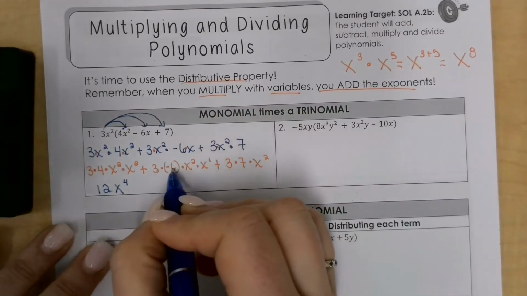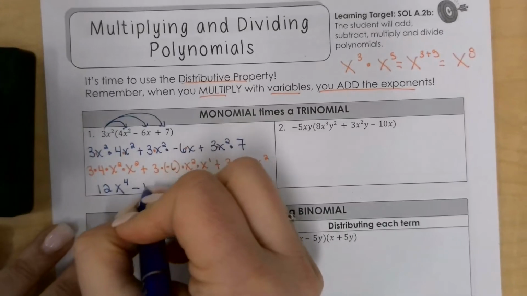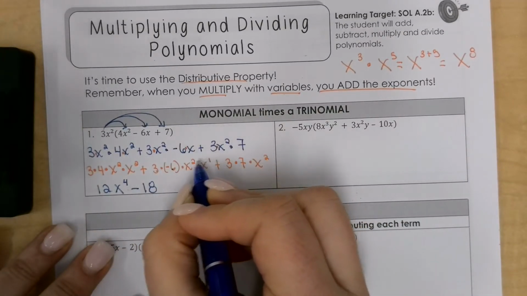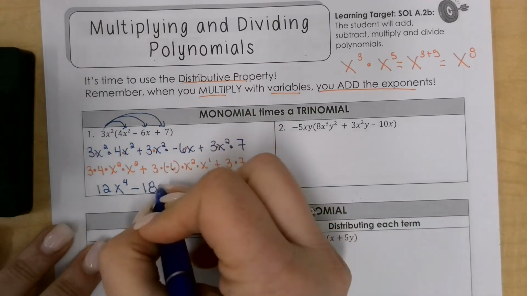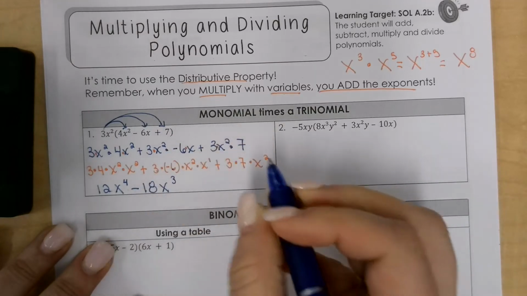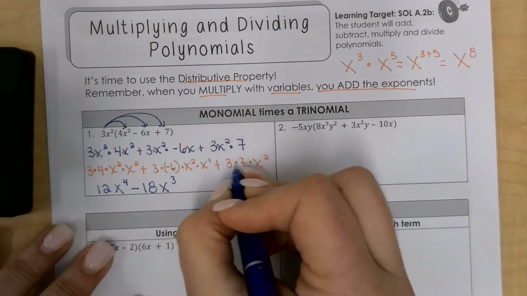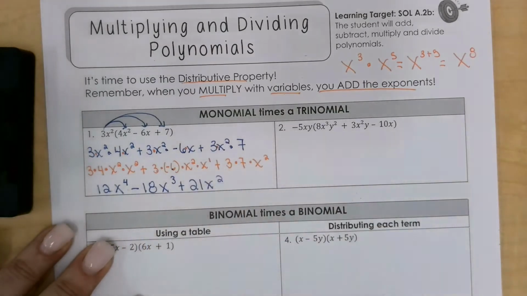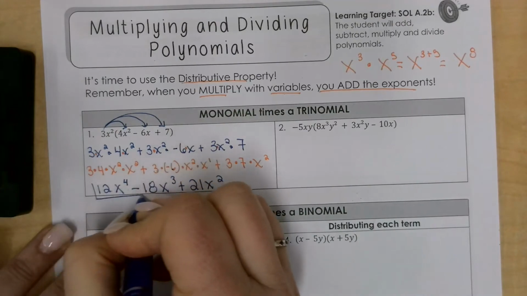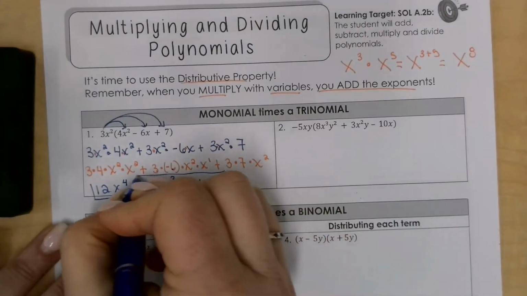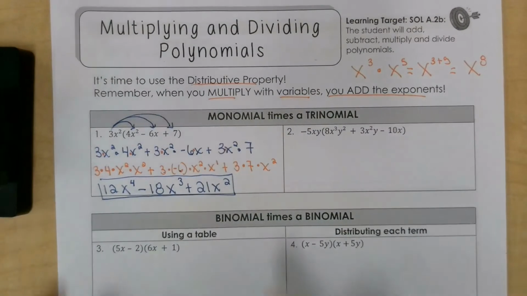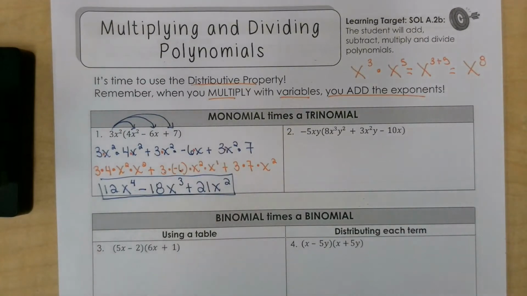I've got 3 times negative 6, which is minus 18, and x squared times x to the first, 2 plus 1 is 3, so that's going to be x cubed. And I'm going to add 3 times 7, that's 21, and x squared is by itself. So there is my answer to this problem, with every part of the process very clearly written out.